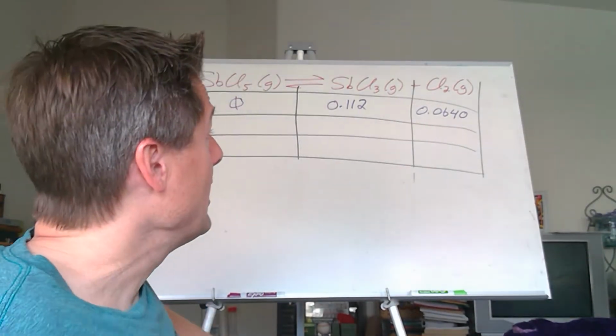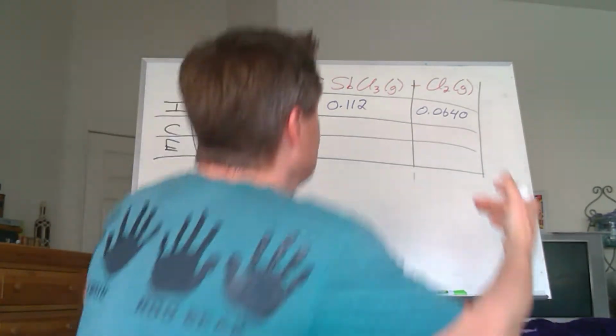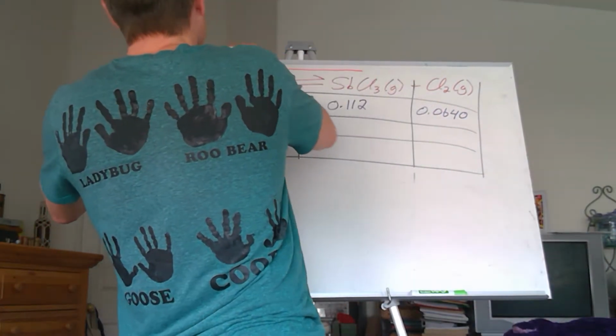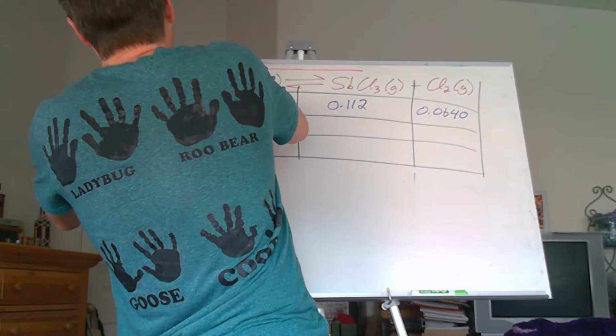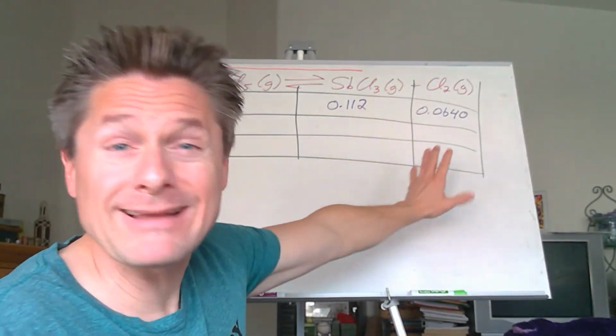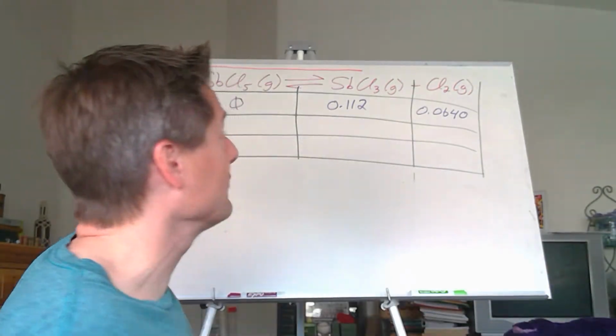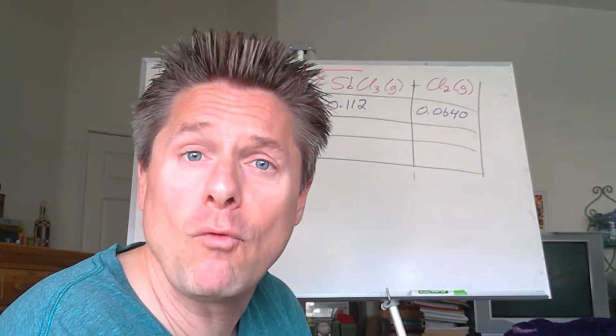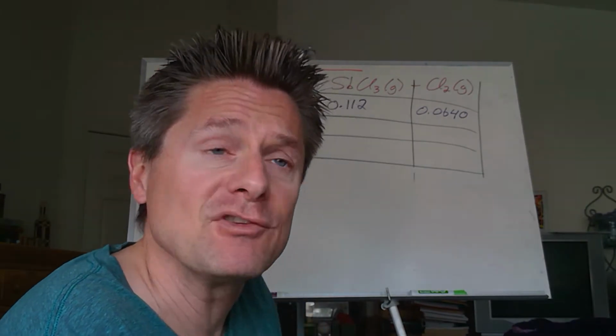Now the change, again, remember, Q is bigger than K. So this is shifting to the left to get to equilibrium. So my products are going to be negative this time. My reactants will be positive. They all have a coefficient of 1, so I can pick any one of these as my reference point, right?